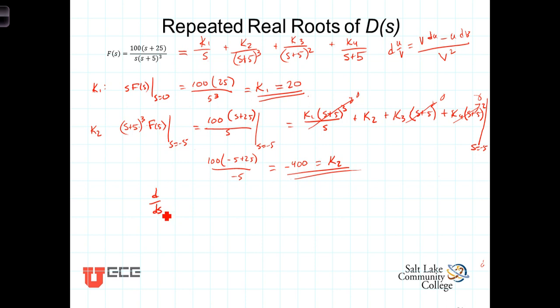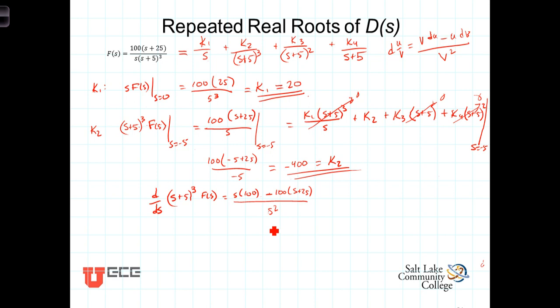So d by ds of (s plus 5) cubed F(s): the left-hand side is going to be s times 100, so v times the derivative of the numerator, which is just 100, minus u dv, where u is 100 times (s plus 25), and v is just s, so the derivative of s is just 1, and all of that will be divided by v squared, or s squared. That's what we get on the left-hand side.